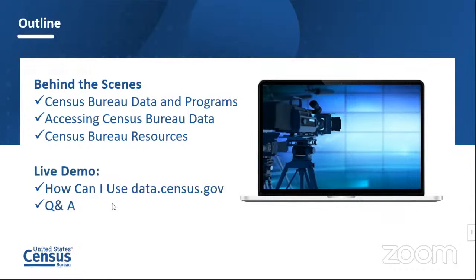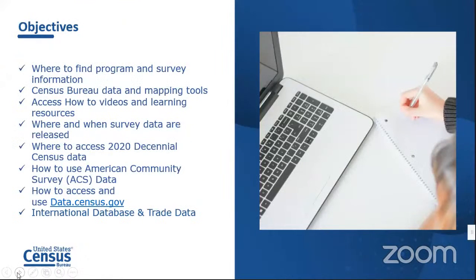This is the tool that replaced American Fact Finder, and you are probably going to see how really easy it is. It doesn't have all the features that American Fact Finder had, but it is definitely a lot more user-friendly, I think, for those that are not fluent in census speak, if you will. And then we'll have some time for questions and answers at the end.